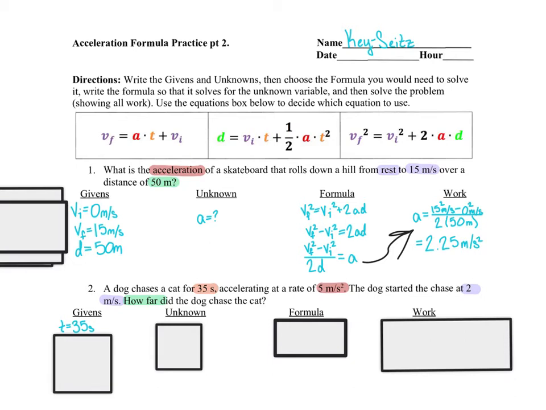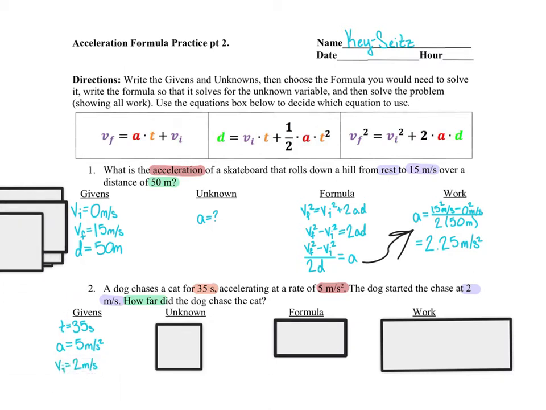Then it says that we have an acceleration at a rate of 5 meters per second. Again, look at those units. Meters per second squared is the unit for acceleration. So our next given is acceleration equals 5 meters per second squared. And then it says the dog started the chase at 2 meters per second. Meters per second is a velocity unit.